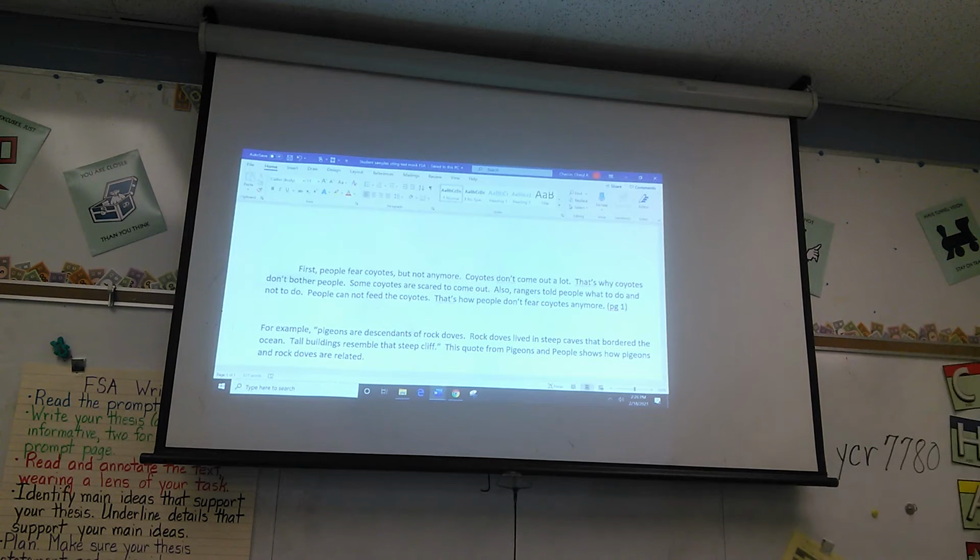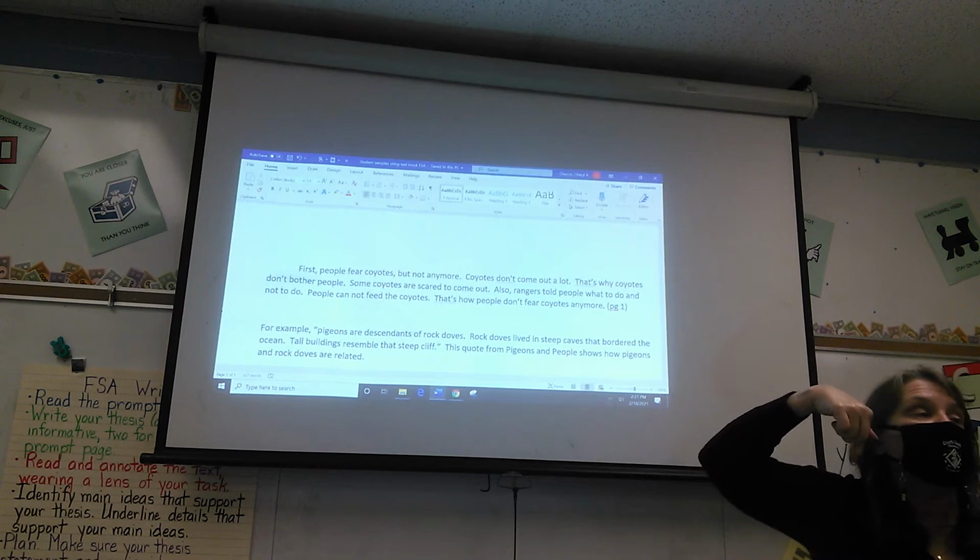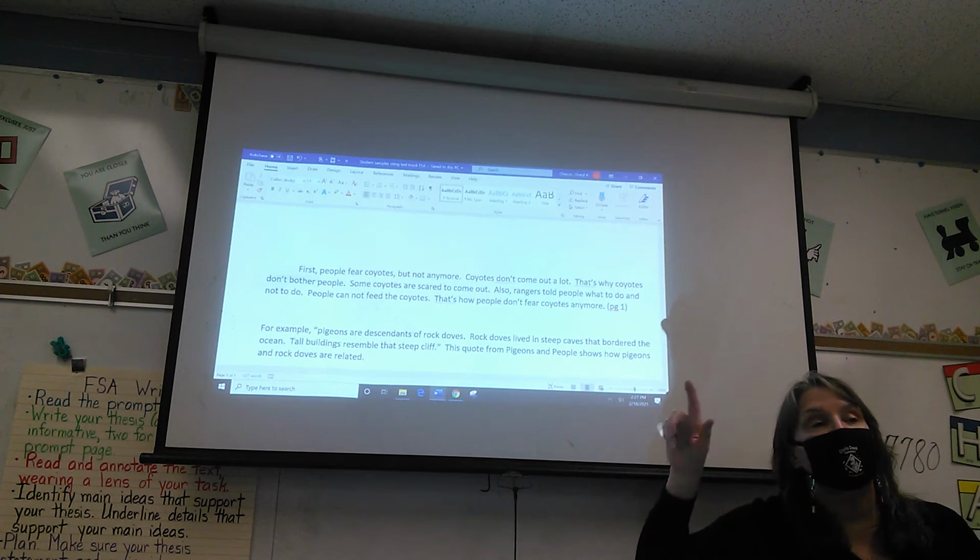You need to make sure that you're introducing it. If you know the author, you can use this, but remember it's not a page number because it's an article. It's a paragraph, and the abbreviation for that is PAR.